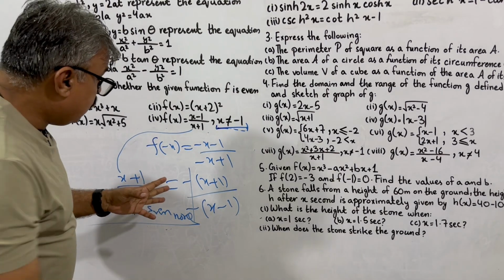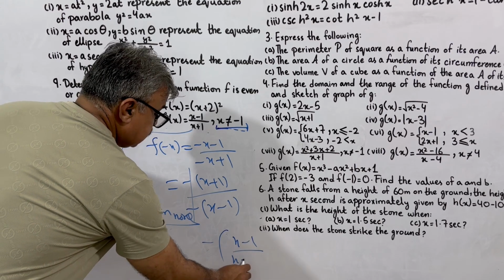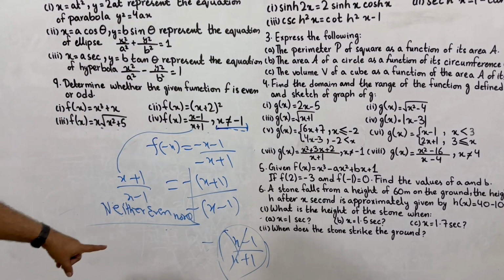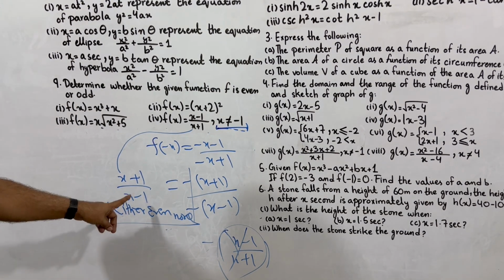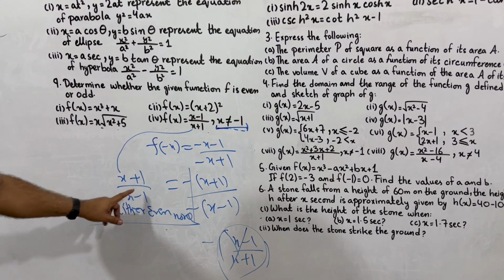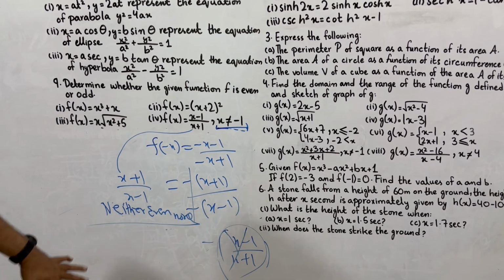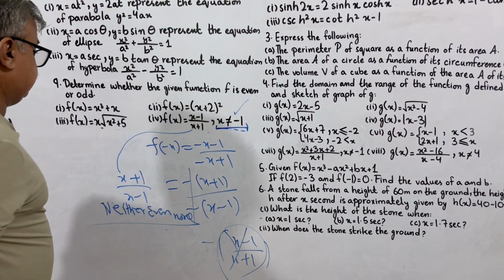If the overall sign changed, minus x minus 1 over x plus 1, then we could say that it is odd, but neither is the case. After replacing x by minus x, it is neither the same nor completely sign-changed. It is some sort of mix. So it is our neither even nor odd function.